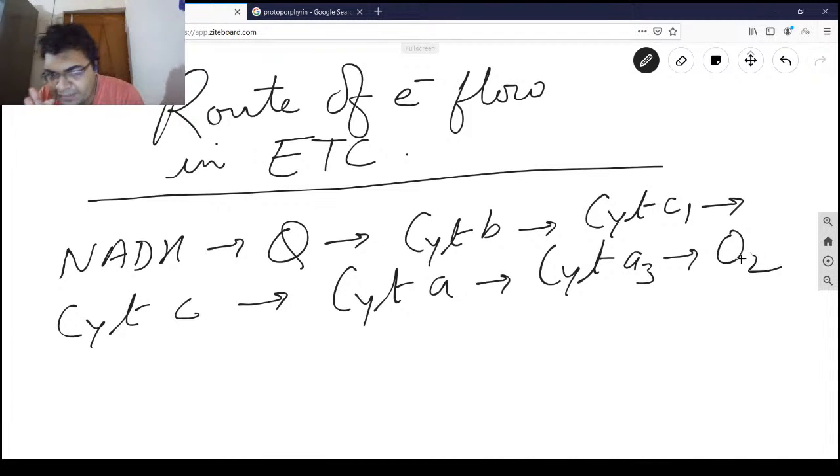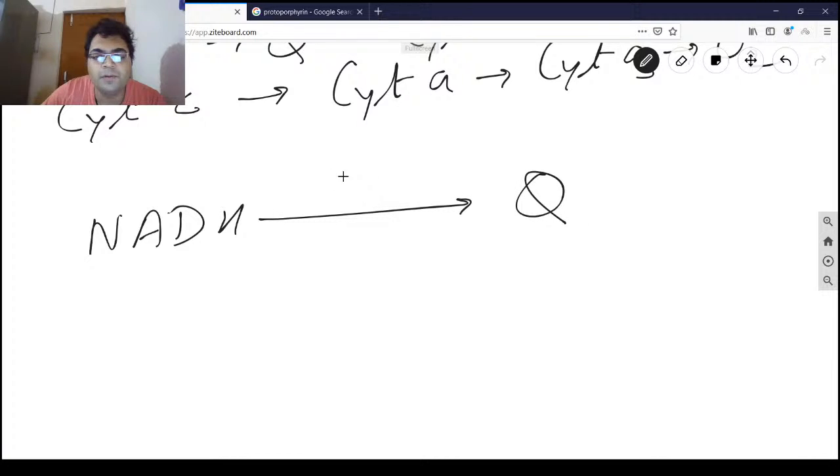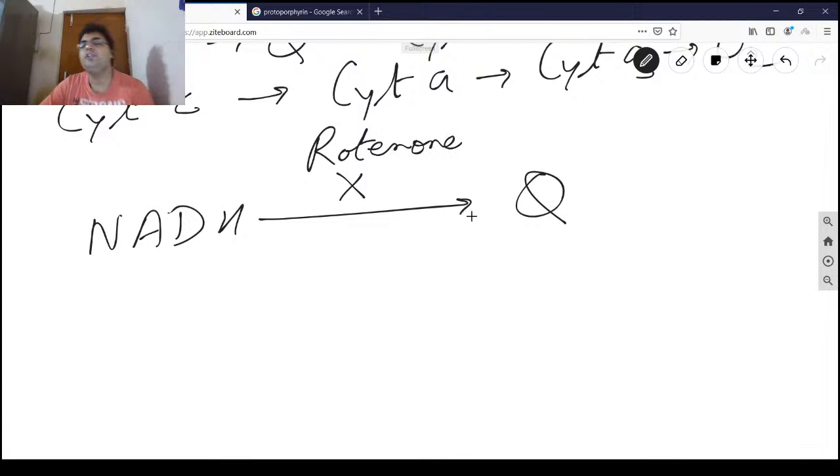This is the real sequence of transfer of the electron in the electron transport chain, and you have multiple compounds that can cause death of a person by interfering with the electron flow in the electron transport chain. Okay, so number one is known as rotenone. Rotenone is the compound which will obstruct electron flow from NADH to ubiquinone only.